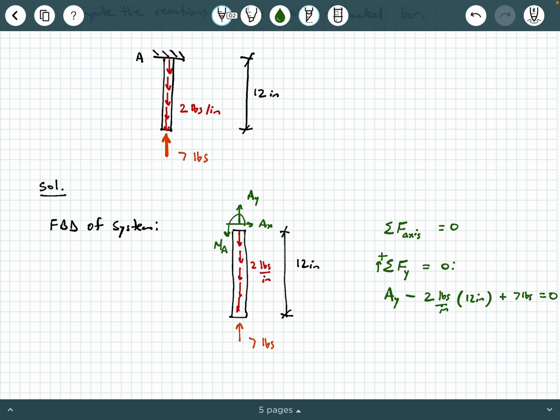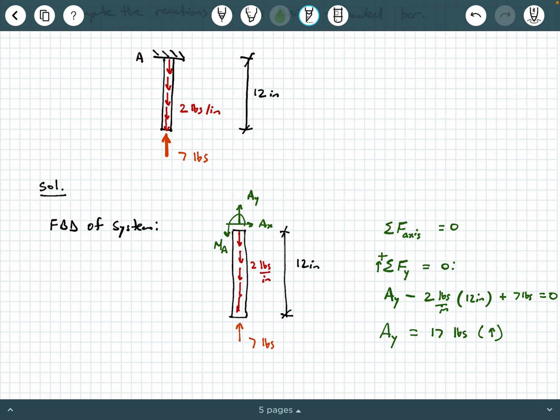And so what I'm going to do is some pretty simple algebra here, and I'm going to rearrange this, and I'm going to end up with 24 minus 7, and so I'm going to get 17 pounds as my axial reaction. Okay, now that comes out positive, which means what? That means that that axial reaction is actually pointing upwards, okay? So it's pointing in the direction that I assumed in my free body diagram.